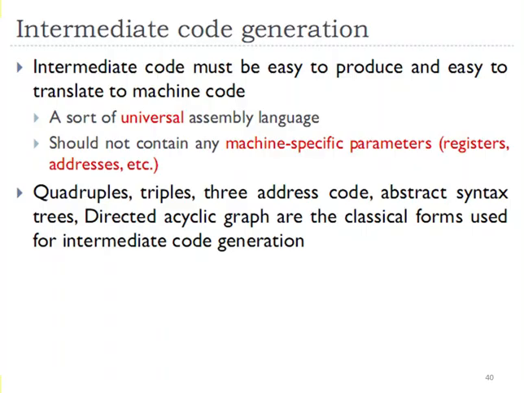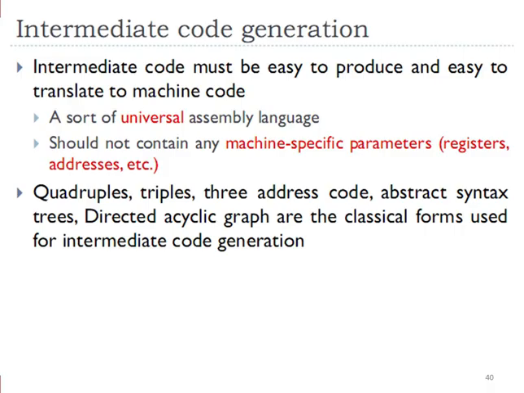So the intermediate code should be free from any machine specific features, so that it can be easily producible and easily translatable to machine representation, so that we can easily generate the target code from the intermediate code.